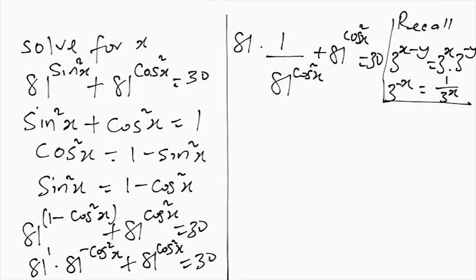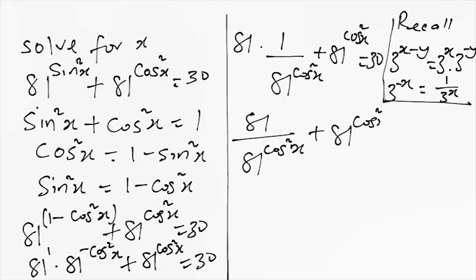Then this becomes 81 divided by 81 raised to the power cos square x plus 81 raised to the power cos square x, which equals 30.